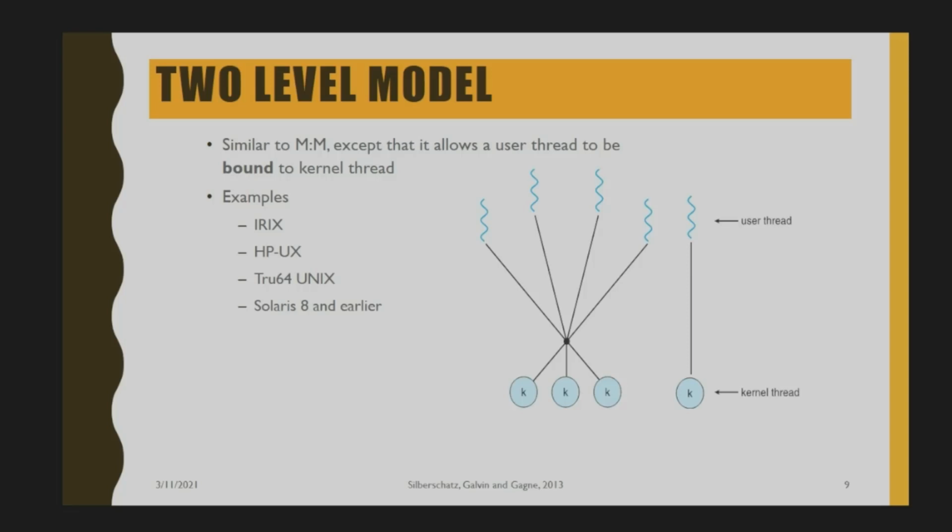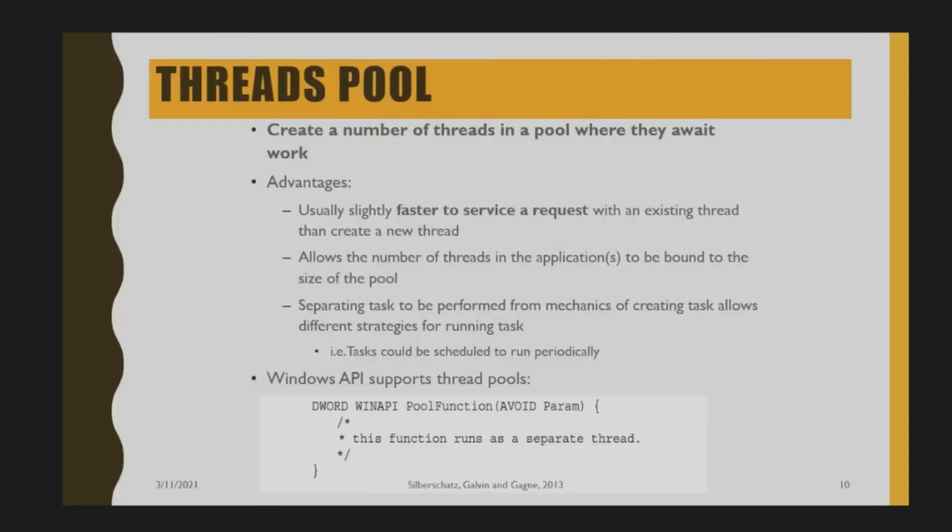So the next part is about the thread pool. The general idea of a thread pool is to create a number of threads at process startup and place them into a pool.